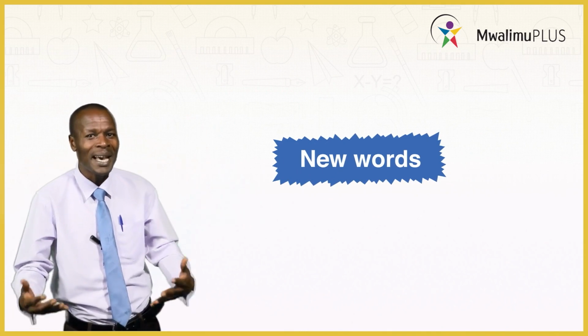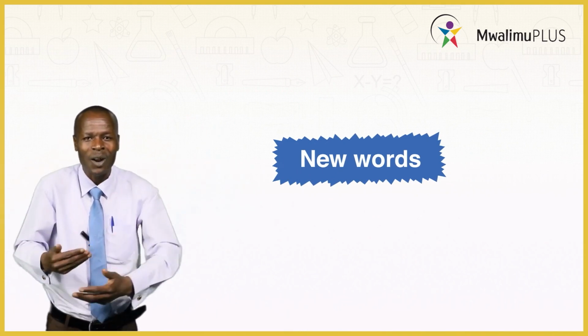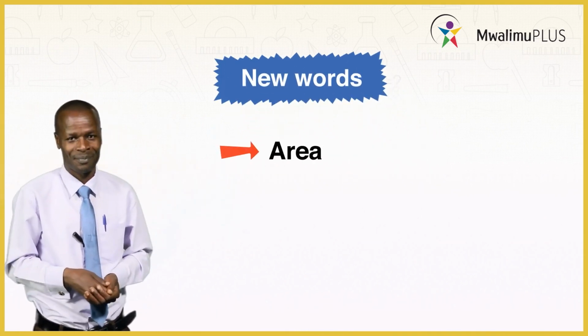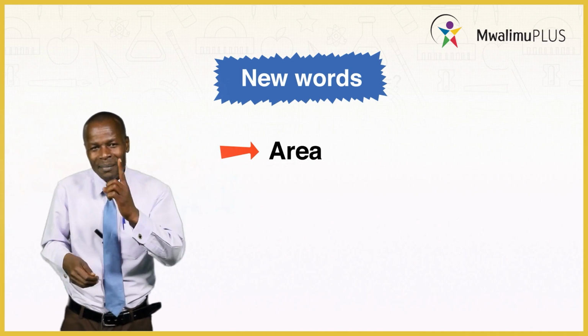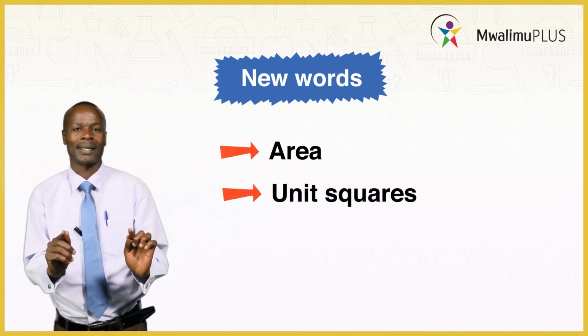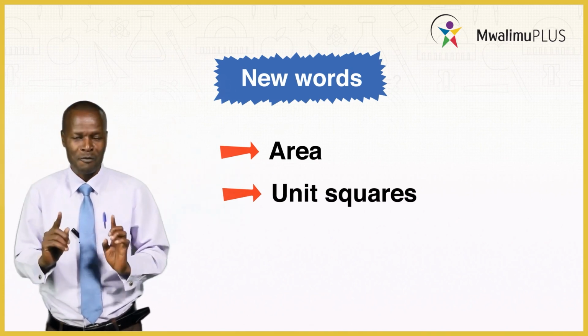Now, in our lesson, there are some important words or simply terms that we need to understand as we carry along. They include, one, area. Very important. Then something else that you need to note is unit squares. I'm going to show you that in a short while from now.